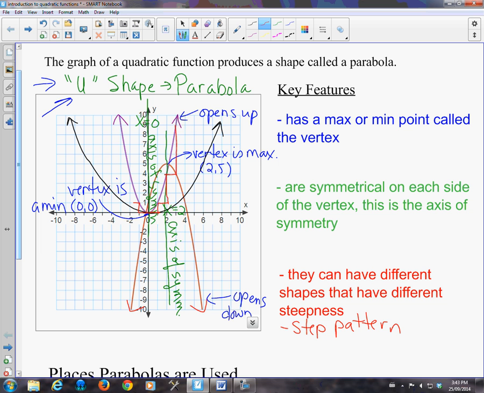And the parabola mirrors that on both sides, so that we have steps up of 1, 3, 5. In fact, your basic step pattern is over 1, up 1, over 1, up 3, over 1, up 5, all the odd numbers.